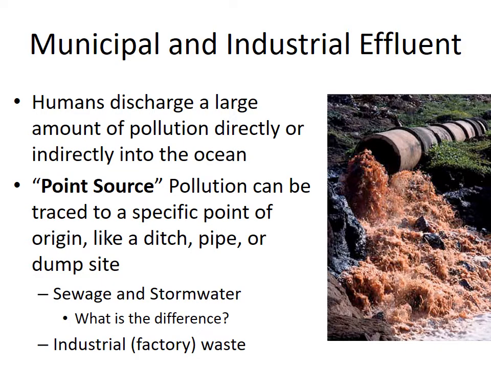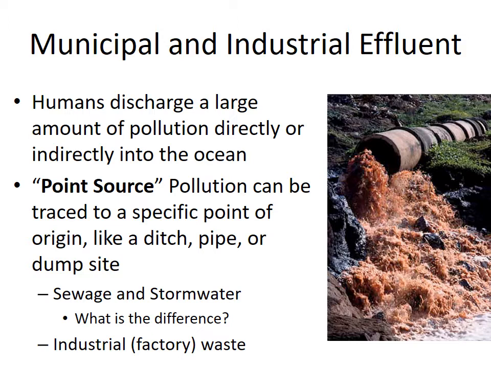All right, let's talk about another type of pollution, your classic pollution coming out of a pipe. This is what we call municipal and industrial effluent. Municipal means from a city, and industrial means from a factory. There are a lot of activities in residential and industrial areas that create polluted water that then ends up being discharged into the environment.